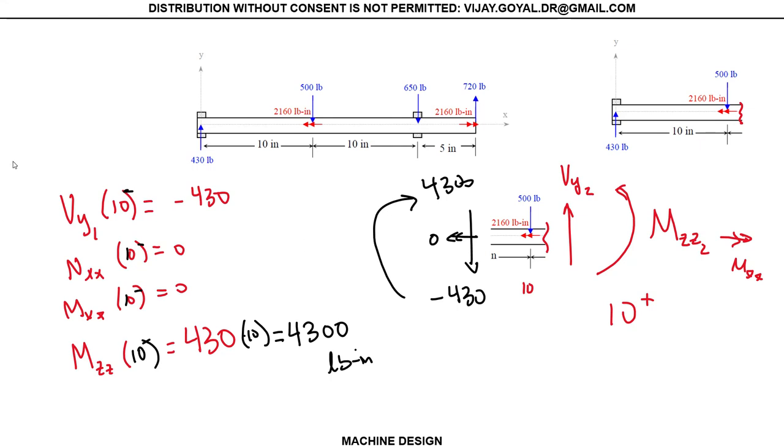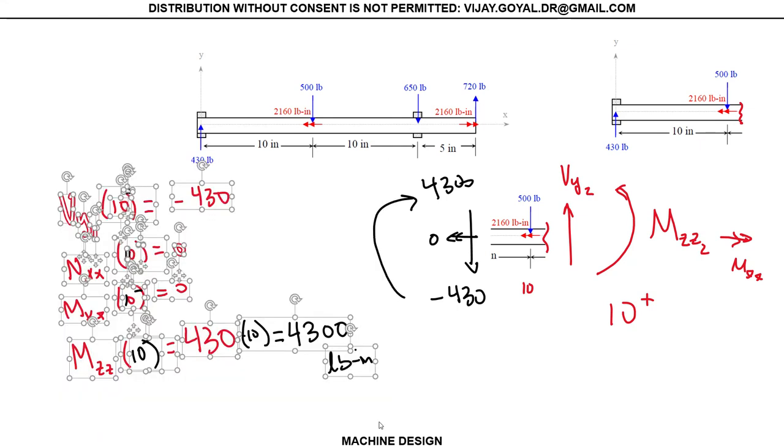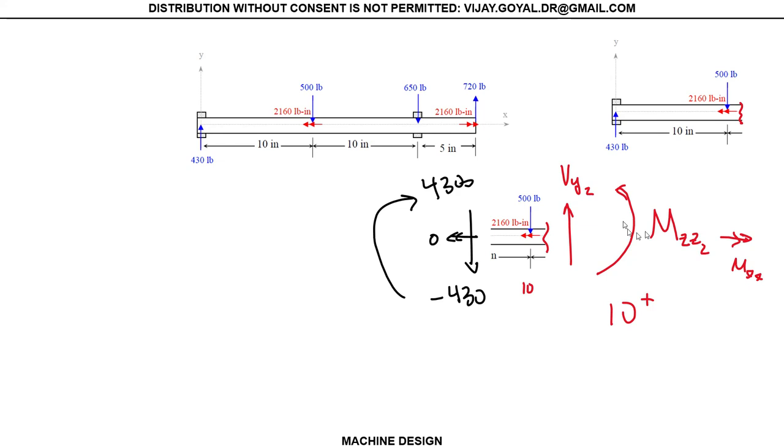So all I need to do now is find these guys, right? Doing a free body diagram, you basically find that this is going to be, let's do it, minus 430.